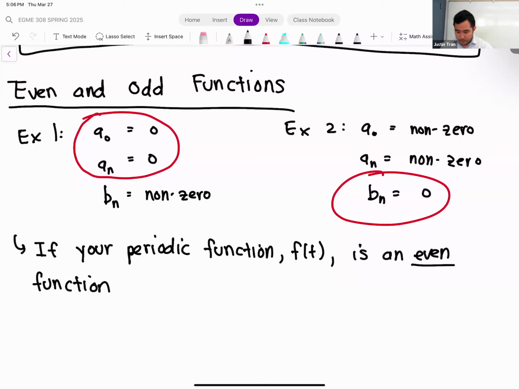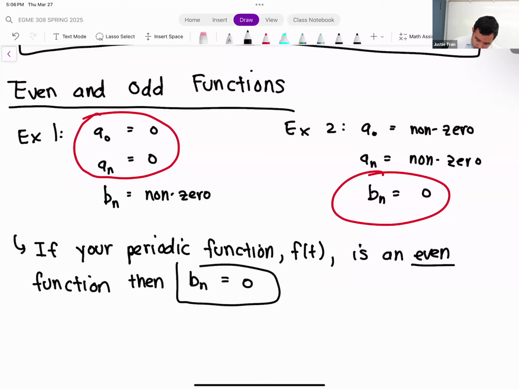So when you know your input function f of t is even, you don't even have to bother computing bn. You can just say that bn is going to be equal to 0.